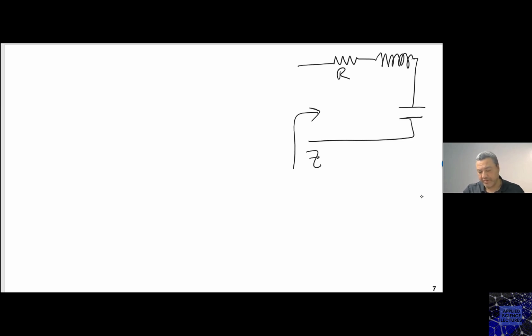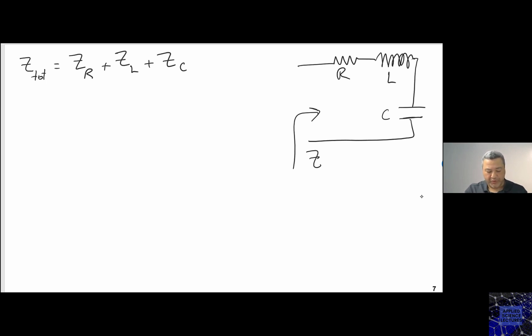So this is R, this is L, this is C. If I am to find the total impedance for that circuit, what do I have? I have Z total equals ZR plus ZL plus ZC, right?